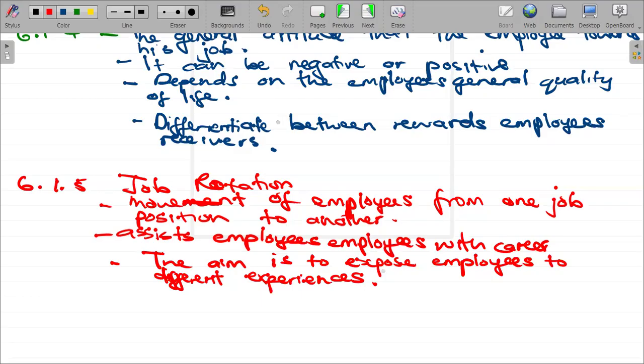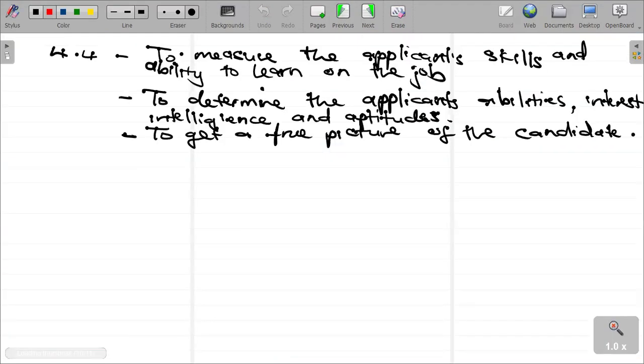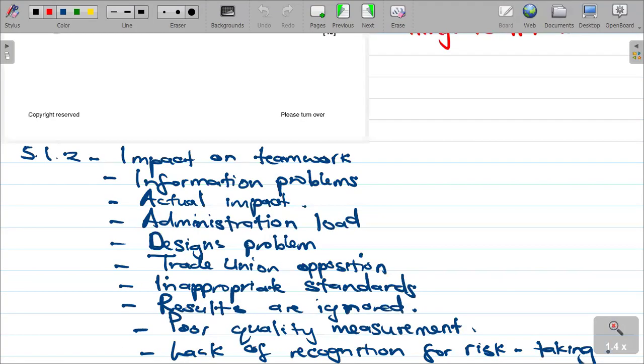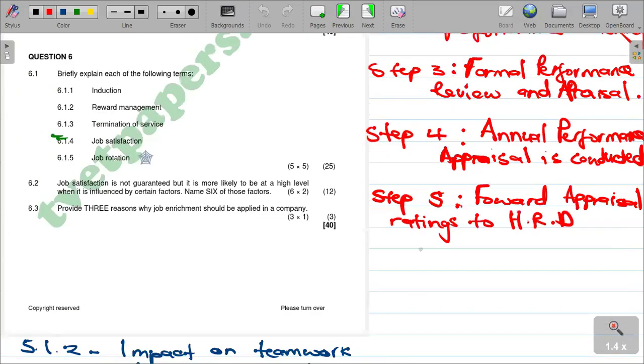So let's go to question 6.2. Job satisfaction is not guaranteed, but it is more likely to be at a high level when it is influenced by certain factors.